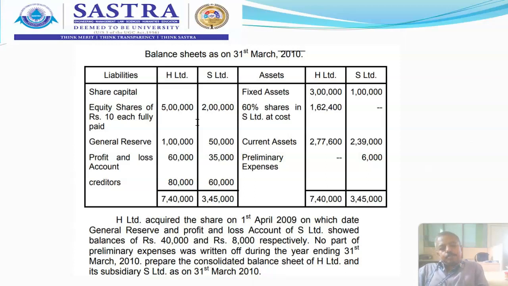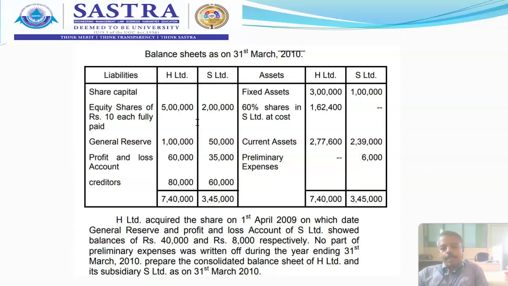Now we need to subtract the preliminary expenses. What are the preliminary expenses which we did not write off? After the balance sheet there is an adjustment. What is that? No part of preliminary expenses was written off during the year 2010.